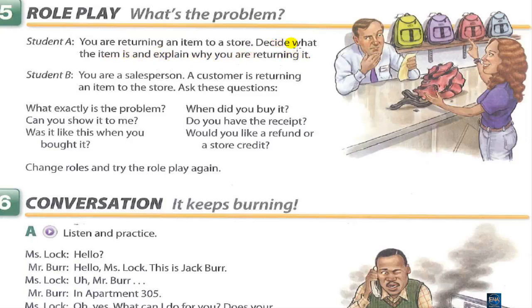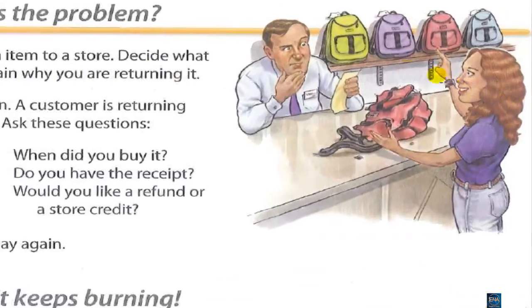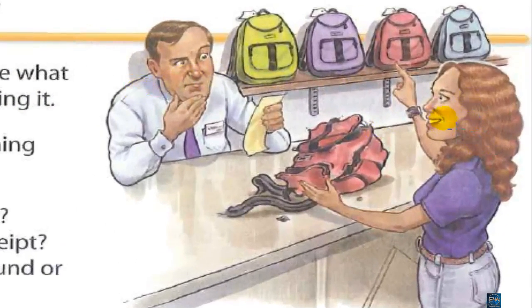So here you will have a conversation between two persons. Look at the picture here. A customer and sales assistant. You're returning something and this thing has a problem. And then you try to negotiate. You try to talk to the sales assistant to solve your problem.